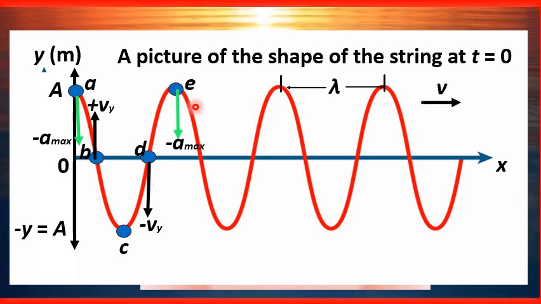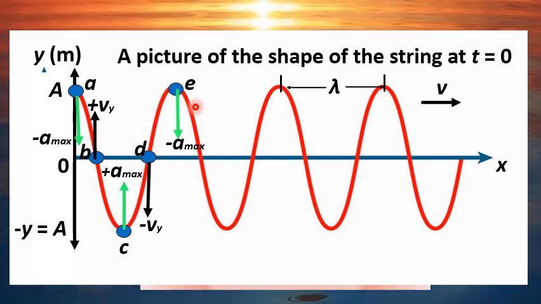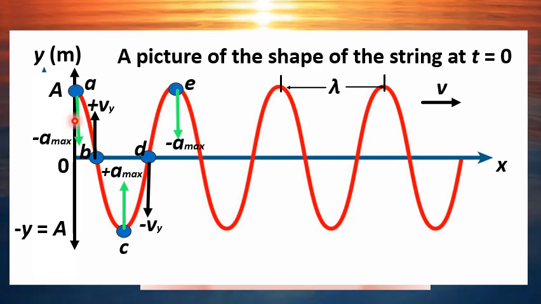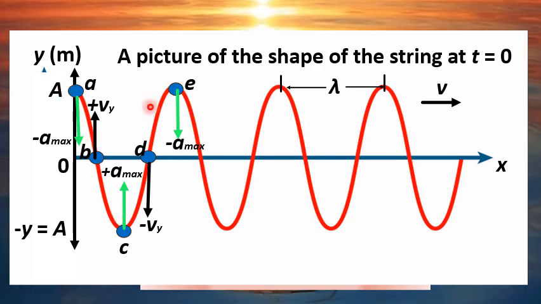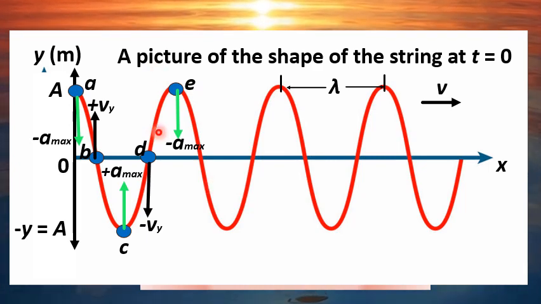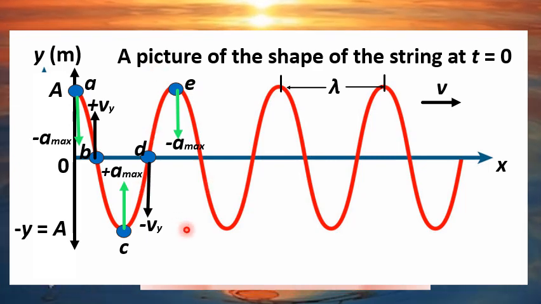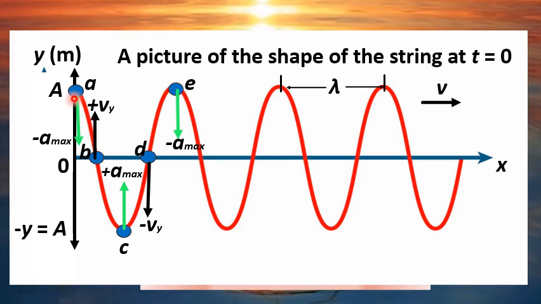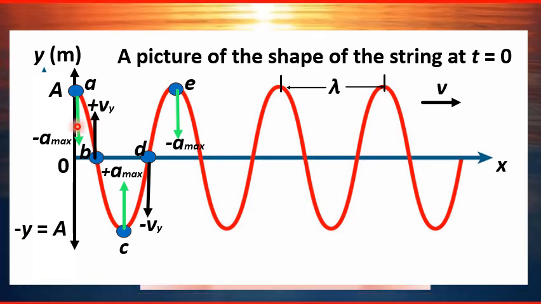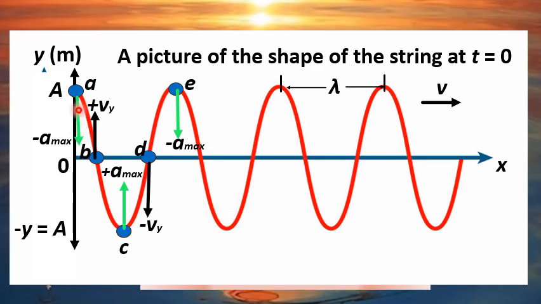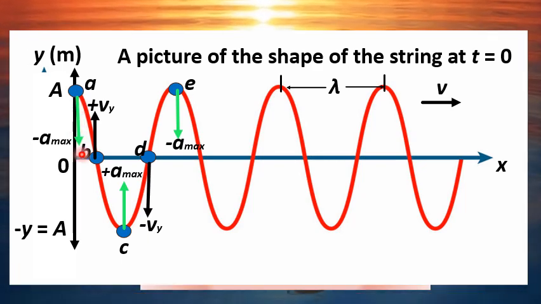The acceleration of particles A, C, and E are represented here by the green vector arrow. For particle A, the direction of the acceleration is towards the equilibrium position.